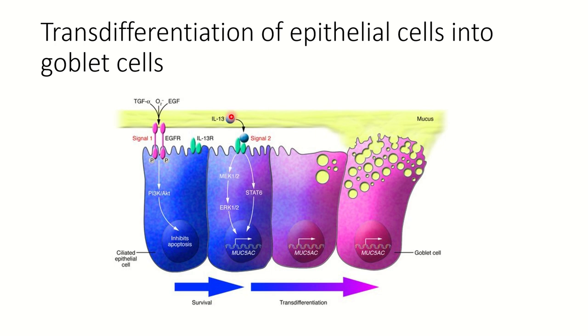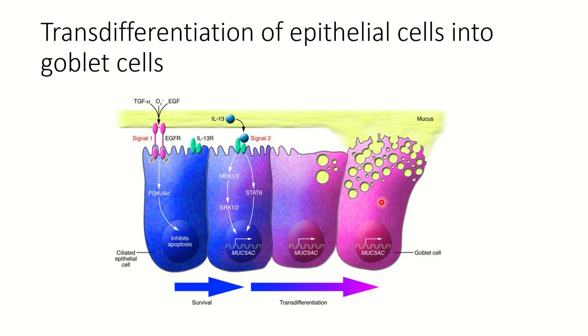Now if it receives another signal from interleukin 13, which comes from the T helper cell, that signal converts the epithelial cell into a goblet cell. So the goblet cell transformation has happened. This process is called transdifferentiation.